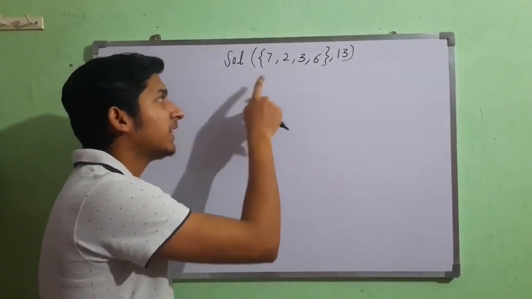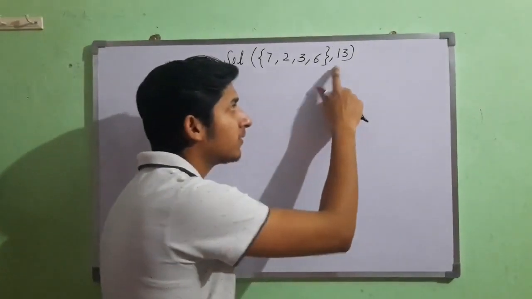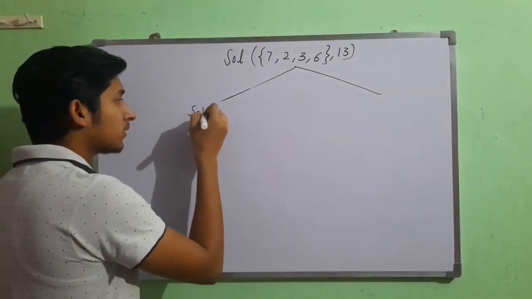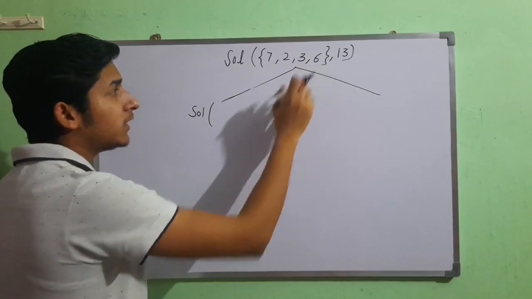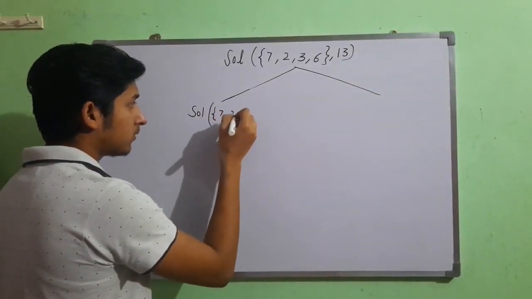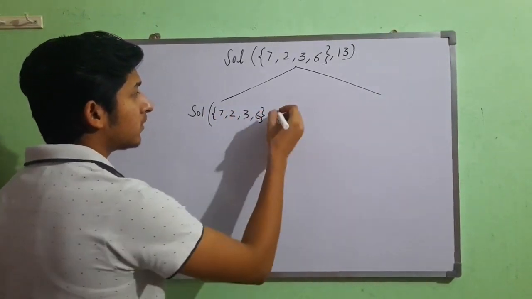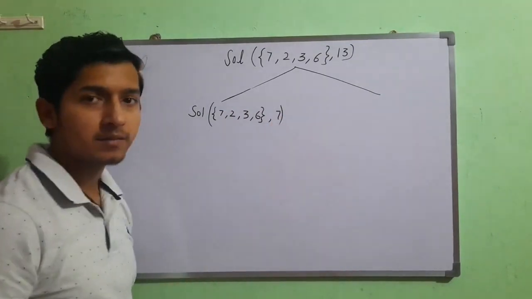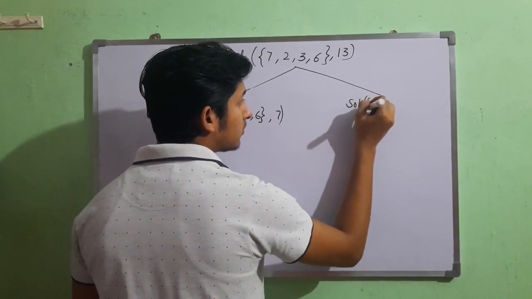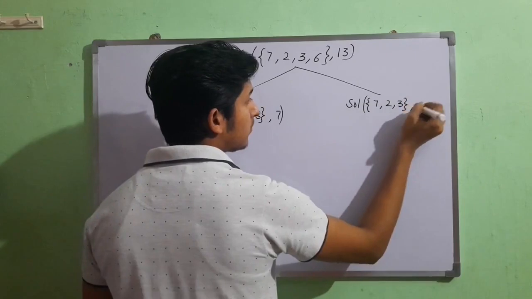Suppose here is a problem. There is a function that takes an array with the coins, and here is the sum we have to calculate. So we will be solving this with the last value included. This will be our system, and this is the value we're left with. If I avoid the last value, then the system becomes this.